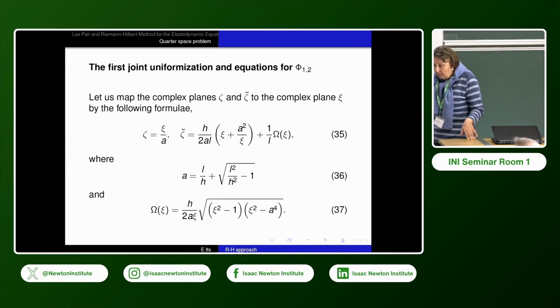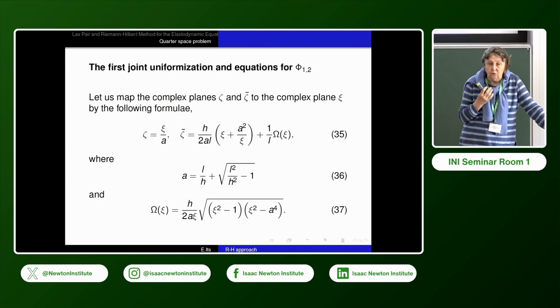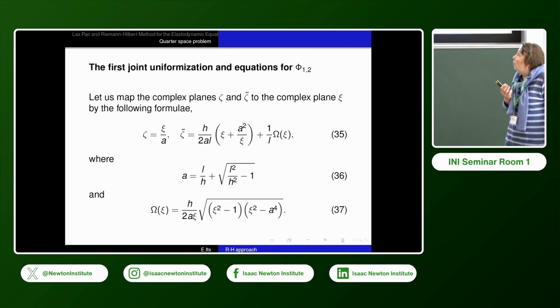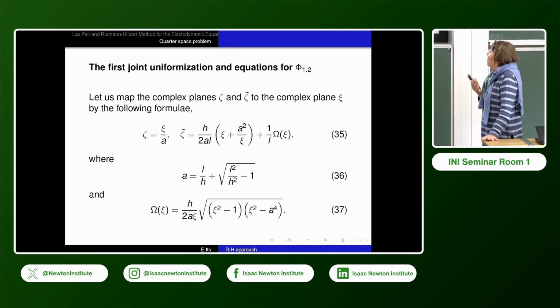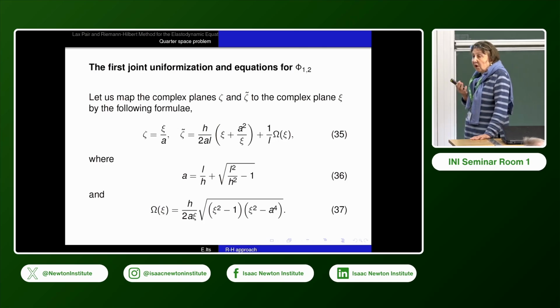Now our next step in the work to reduce the number of unknown functions is to use the joint uniformization of the first and second Lax pairs.